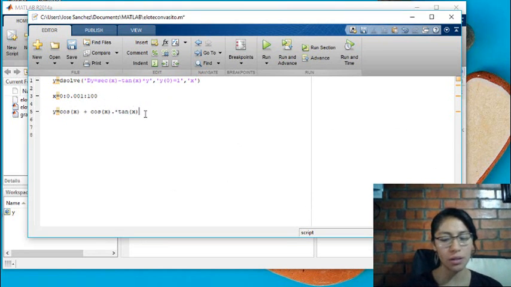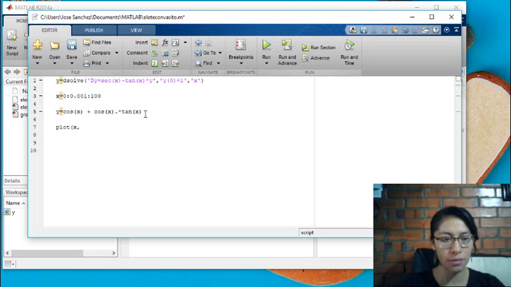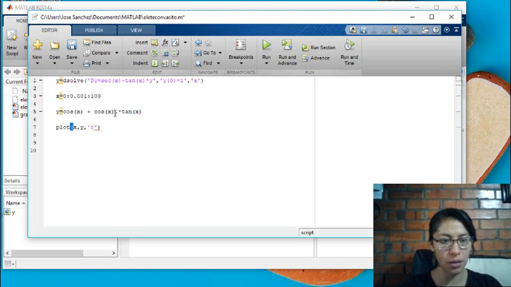I'll put this command: plot(x, y, 'r'). It's the color, red in this case.